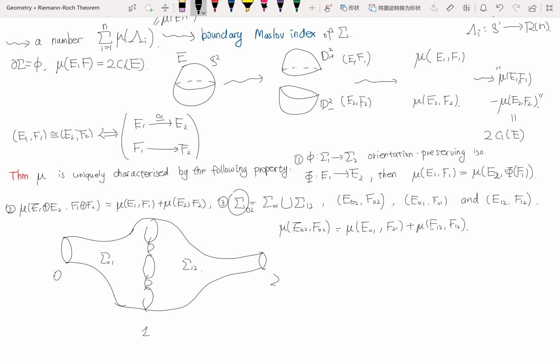So with this, when we are considering a sphere, we have a disk and another disk, and we glue them together, and the Maslov index of the whole pair should be the sum of these two, and this will simply be equal to 2c1(E).